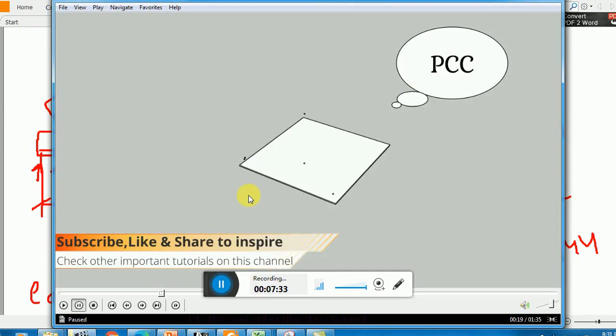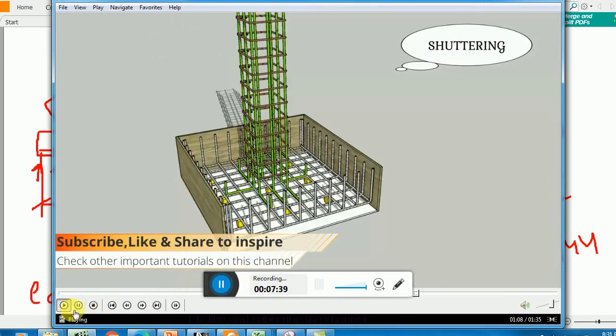Okay, let me show you, for example, in this video, remember, you see that this hook is provided, and these bars are basically called dowels.